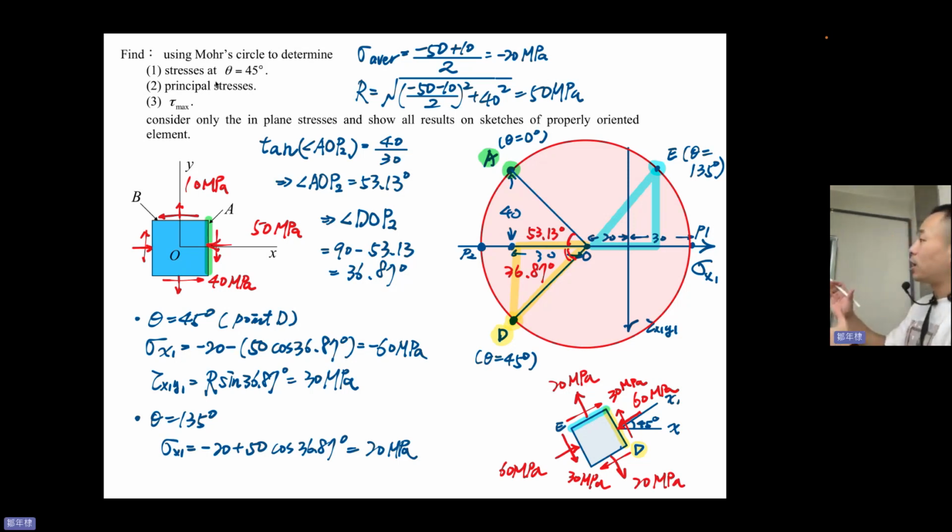So everything becomes a geometrical problem. All you need to do is go step by step and make sure that tau x1 y1 downward is positive, and that the angle you travel in a certain direction on the real element, you just double it in the circle world. That's it. Everything is done just like that.